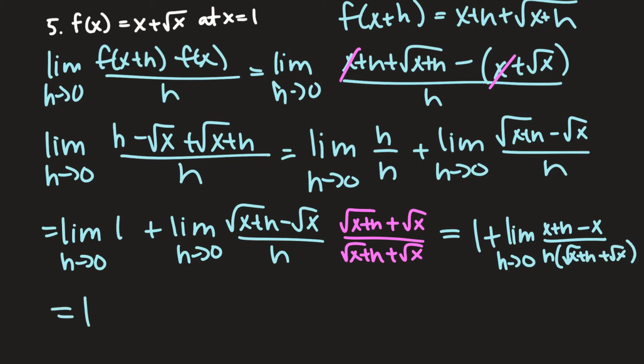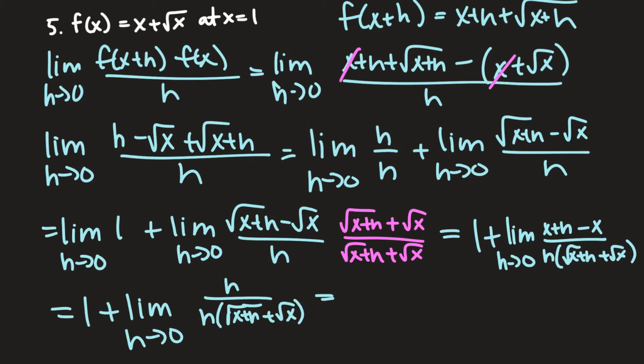So I have 1 plus the limit as h approaches 0. My x's are going to cancel and leave me with h over h times the square root of x plus h plus the square root of x. And then my h's cancel.